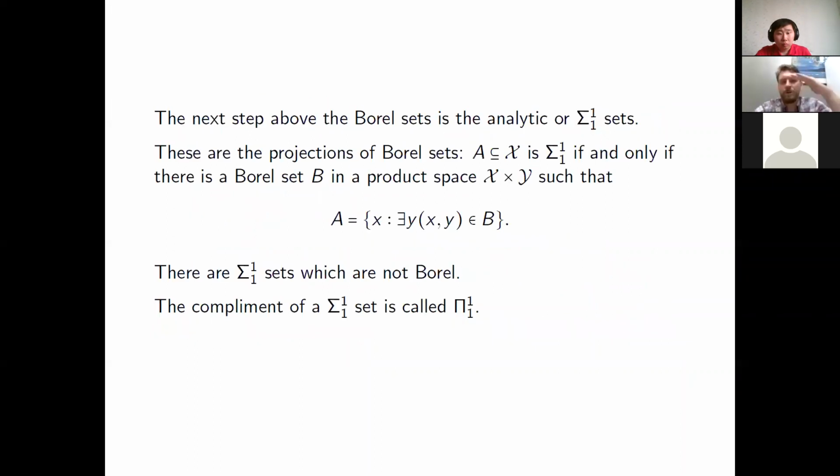And so we have the Borel sets, and the next step above the Borel sets is what's called the analytic or sigma 1-1 sets. These are projections of Borel sets.